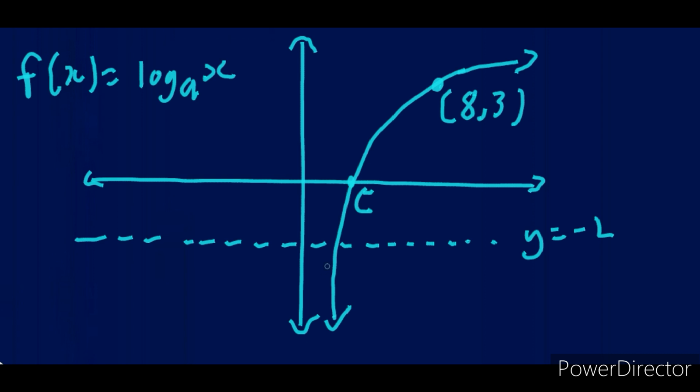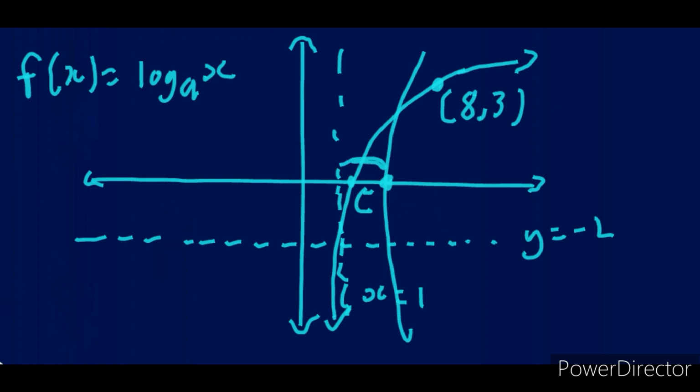So what about logarithm graphs? Logarithm graphs are always going to be 1 point ahead. If the vertical asymptote was at x equals 1 and they ask you for the coordinate of C, let's say C is here, then it's going to be 1 point ahead.